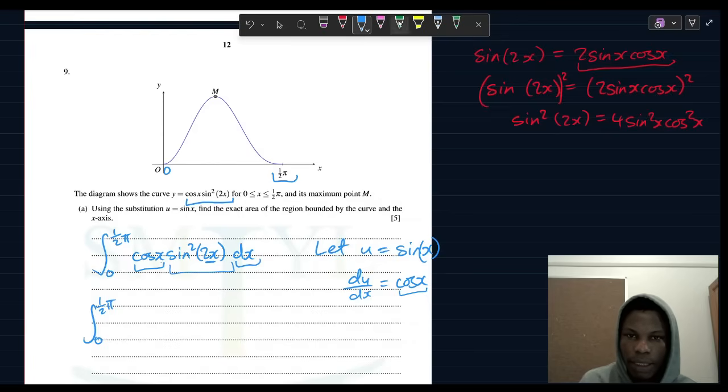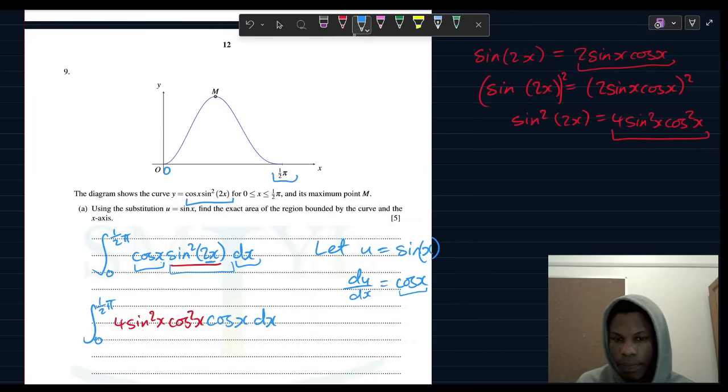So I'll write the sine squared 2x first, which is this part. So 4 sine squared x cos squared x, and then we've got cos x dx.